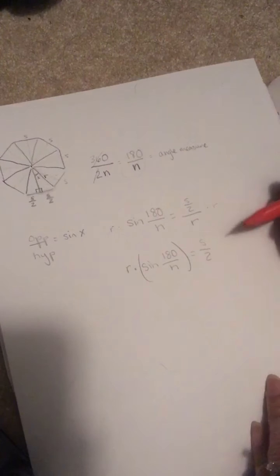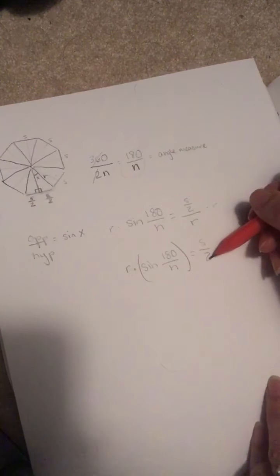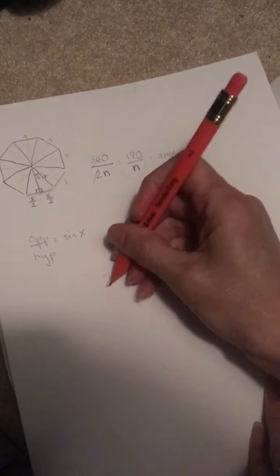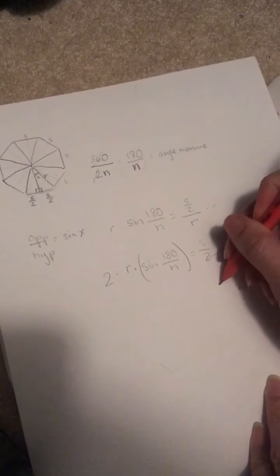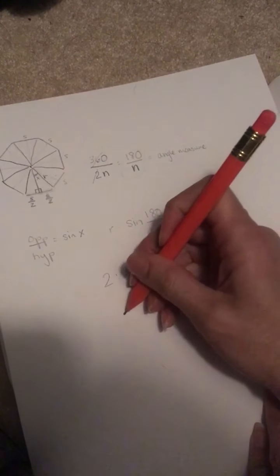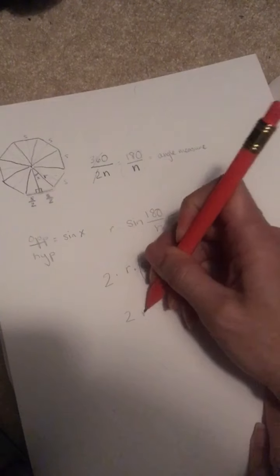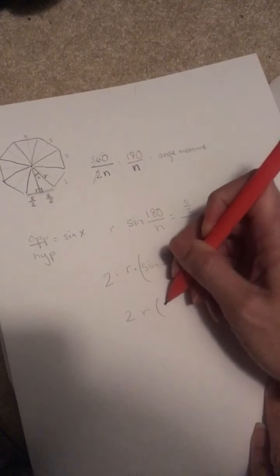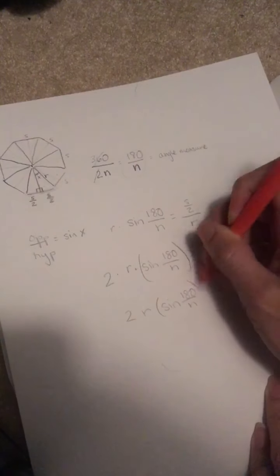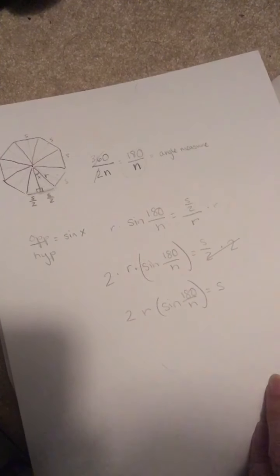And then why don't we multiply by 2 also, so that we get rid of that. So those go away, and we're left with s equals 2 times r times sine of 180 over n.